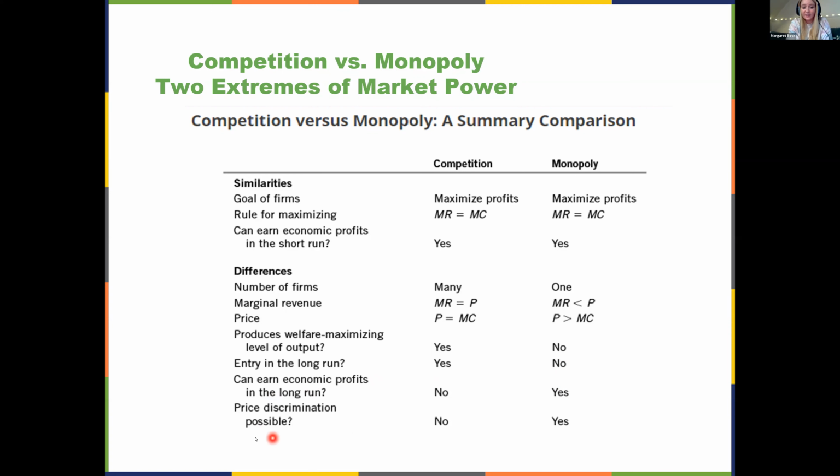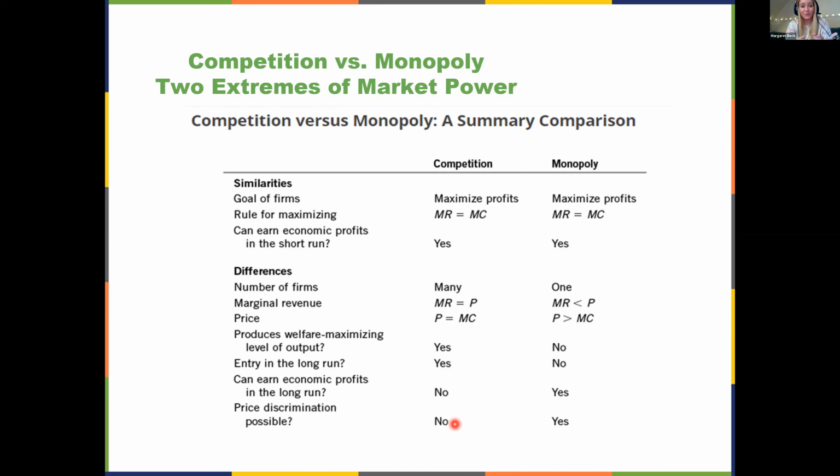And then the last thing that is on this slide that's worth mentioning is that in perfect competition, the price that the perfectly competitive firm charges is consistent no matter what quantity is produced, or no matter who the perfectly competitive firm is selling the good or the service to.